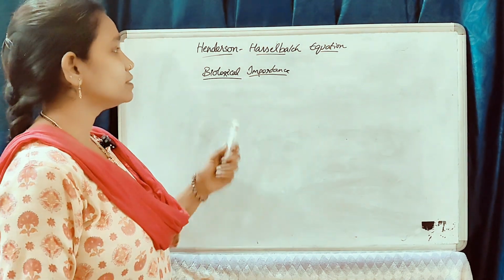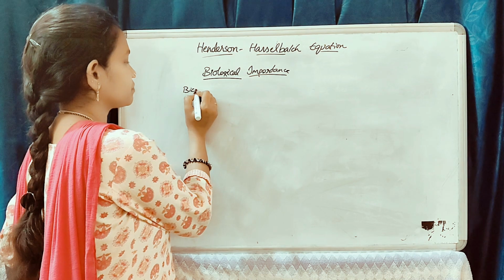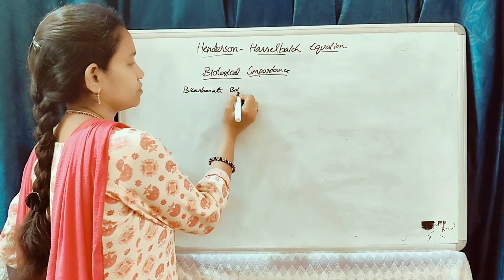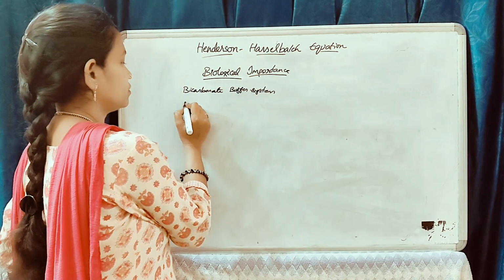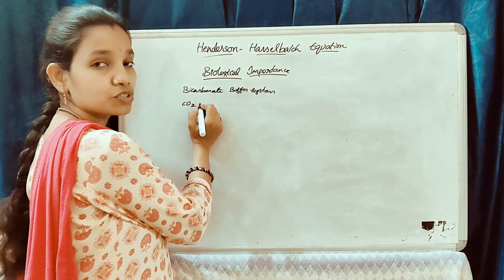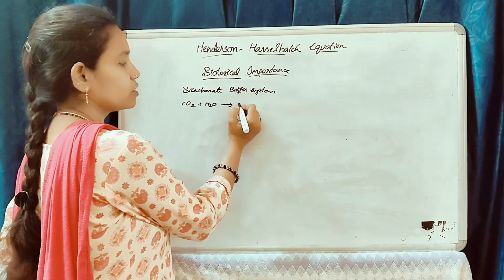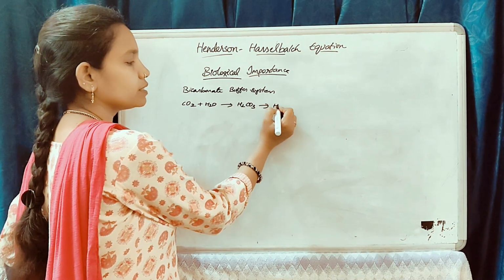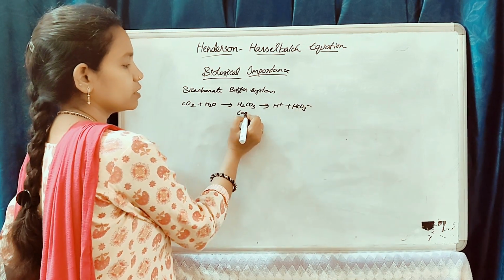Now let's apply the Henderson-Hasselbalch equation to the bicarbonate buffer system. Right? What is the equation? Here the carbon dioxide which is produced during metabolism reacts with water present in blood plasma to form what? Carbonic acid. Again this carbonic acid dissociates to H plus and bicarbonate ions, right?